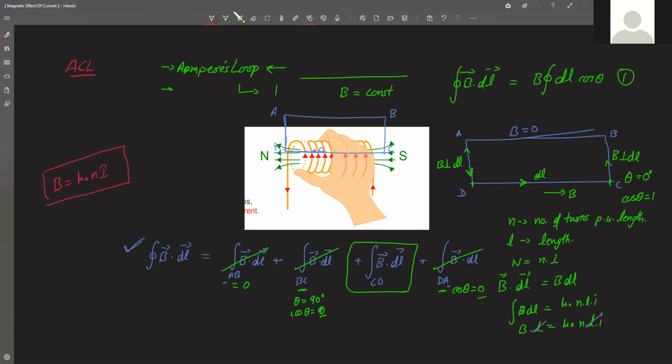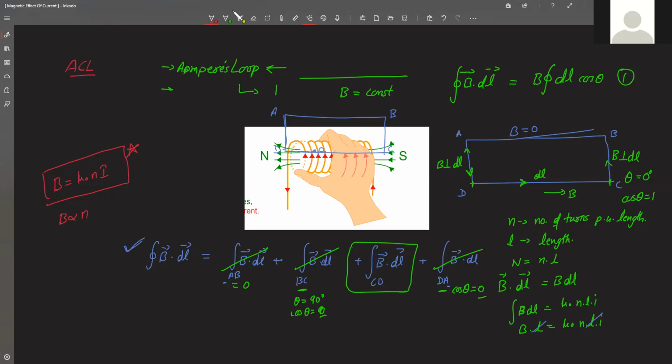And there are a few points which we have to remember. It depends obviously on the mu, that is the permeability of the medium, so leave that. Apart from that, it depends on n. So B is directly proportional to n, where n is not the total number of turns. n is actually the density, or how dense the turns are. n is actually the number of turns per unit length.